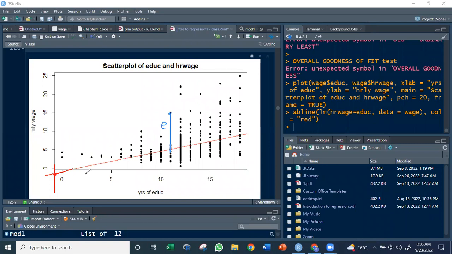So if we measure the distance of each of your observations and measure the residuals, okay, and then sum natin lahat ng mga residuals, we will get 0. The sum of the residuals is equal to 0. So walang gamit to, no? Walang gamit to kasi 0 lang naman yung sum niya.